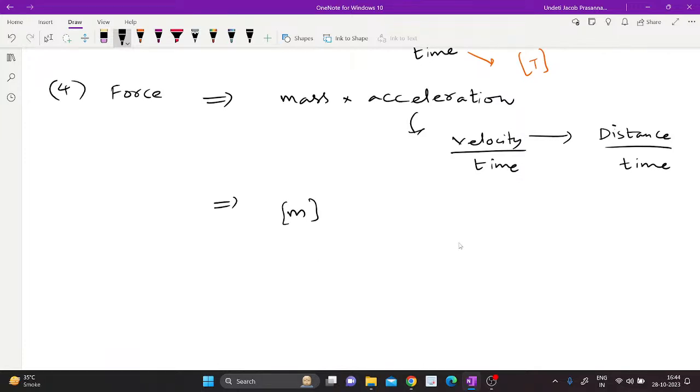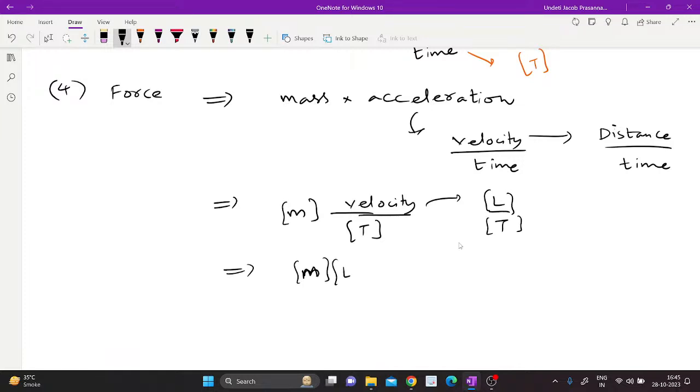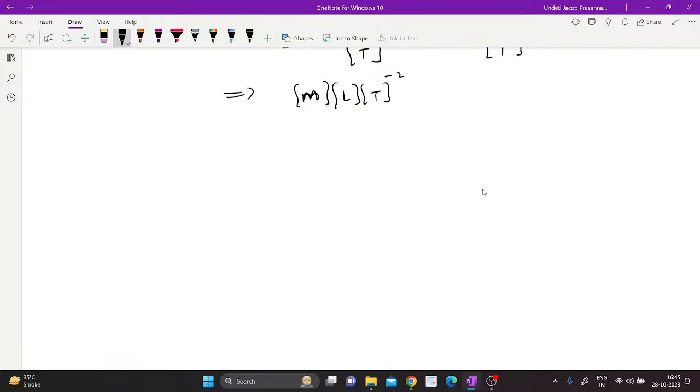Time is a fundamental physical quantity, so its dimensional formula is already known to us. It is t. Velocity is distance per time, so it is L by t. Let me substitute there. So we have m L t power minus 2. So force is m L t power of minus 2.